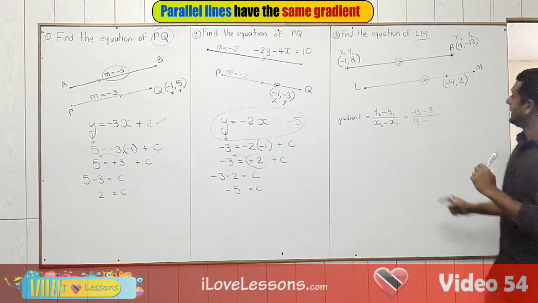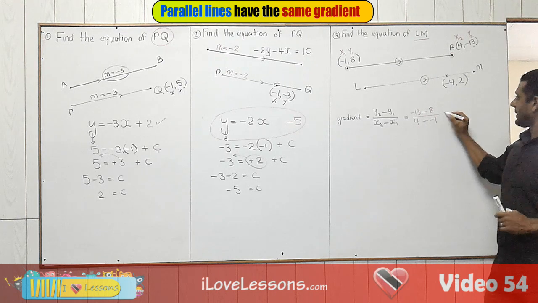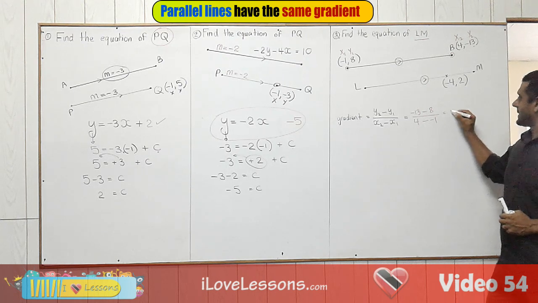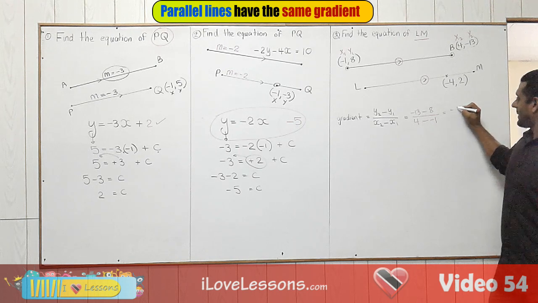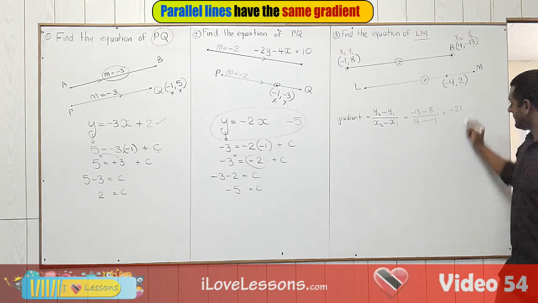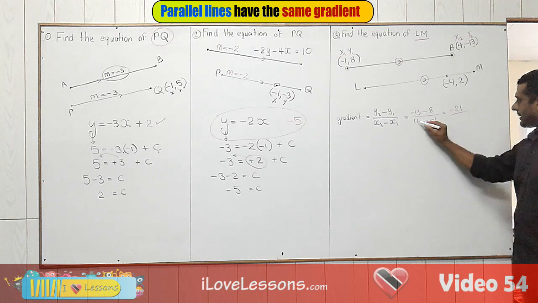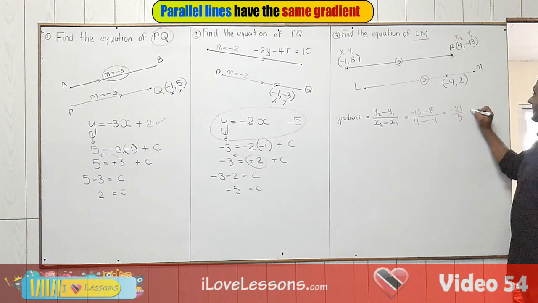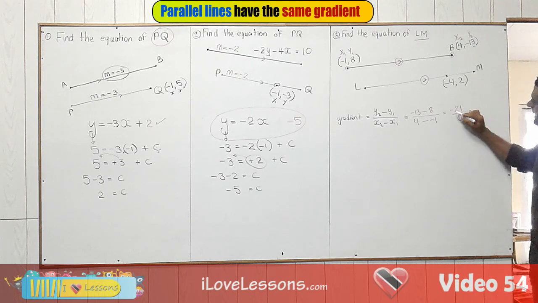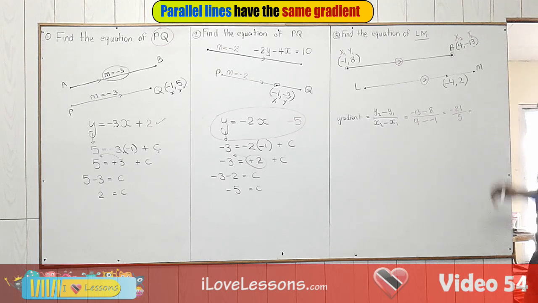It's part of the formula. And x1 is minus 1. So here we end up with minus 13 minus 8. I believe that will give me minus 21 divided by, well, 2 negatives touched. So you will get a positive. So here we will have minus 21 divided by normal 5.